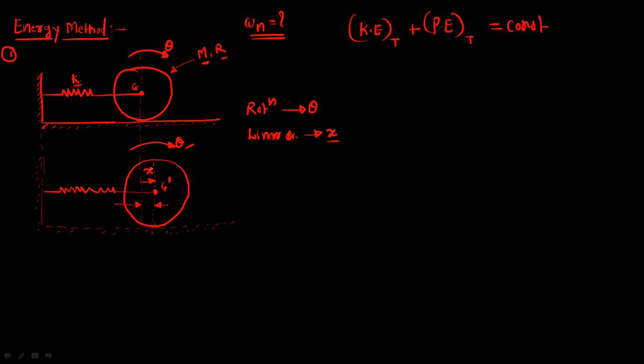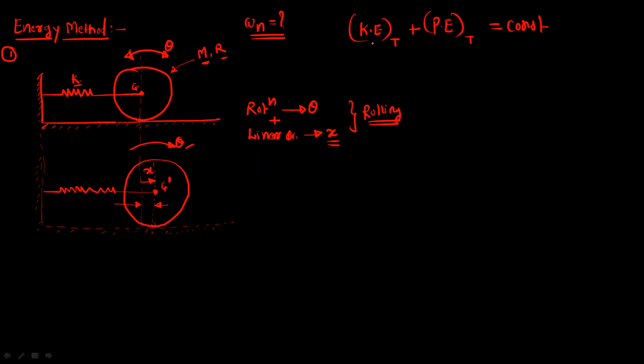So this is the x displacement. This combination forms the rolling motion. Whenever we provide the angular displacement theta to this disk, it will start oscillating like this, and at the same time this point G will move in the linear direction, with displacement x.